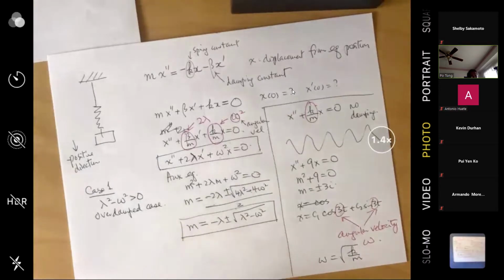Overdamped means that it will provide enough resistance that it's not going to just bounce forever. It bounces around a little bit and then it will stop bouncing. It doesn't bounce forever. I'll write out the detail for this.